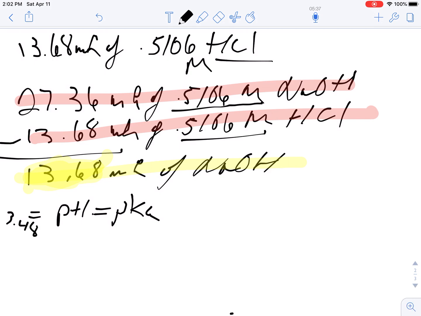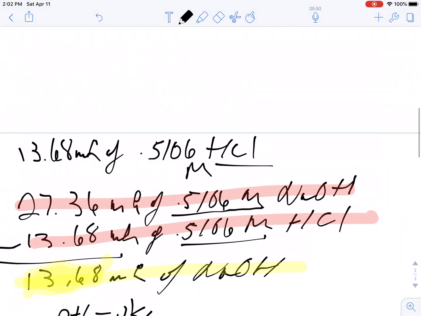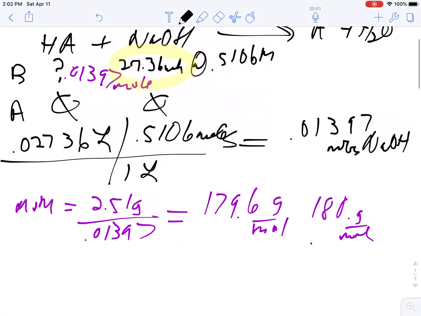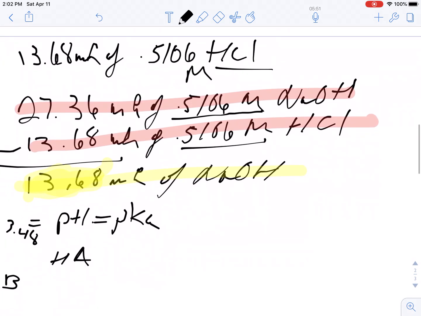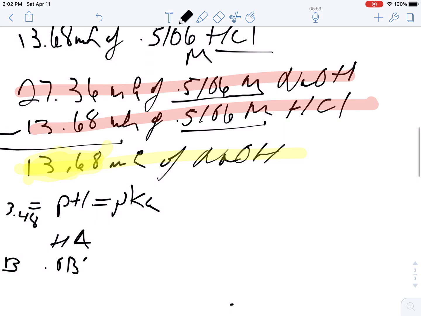But just to prove it to you, I want to do that before and after table. So we know beforehand we've got 0.03197 moles, and we're adding 13.68 milliliters of base.